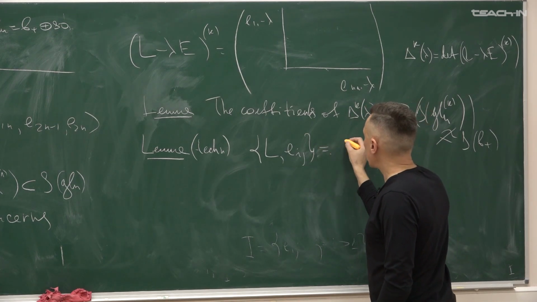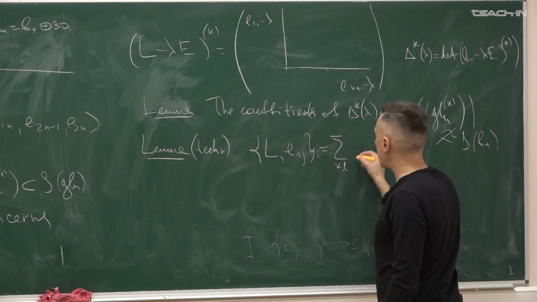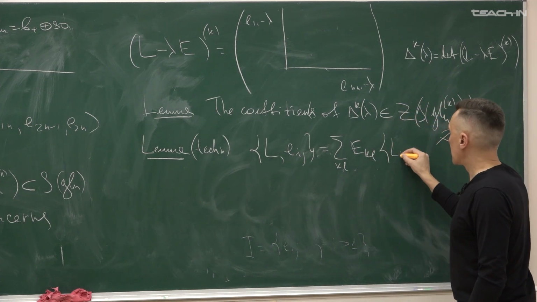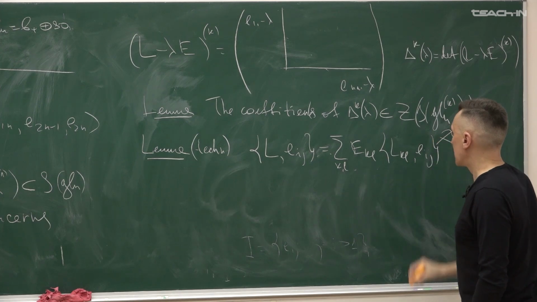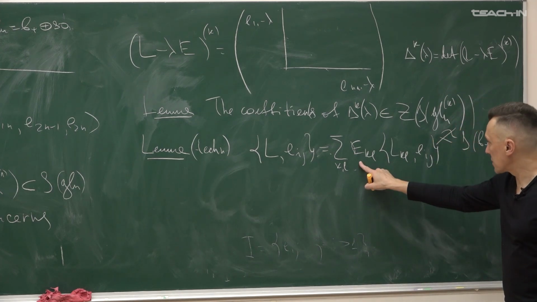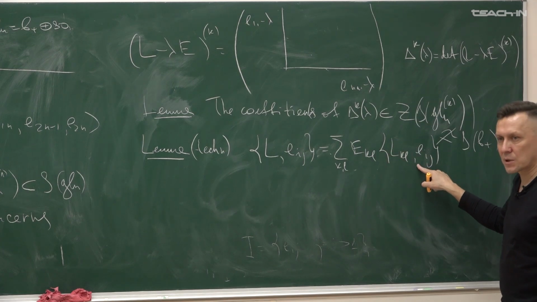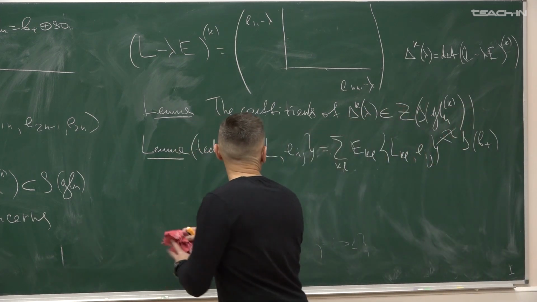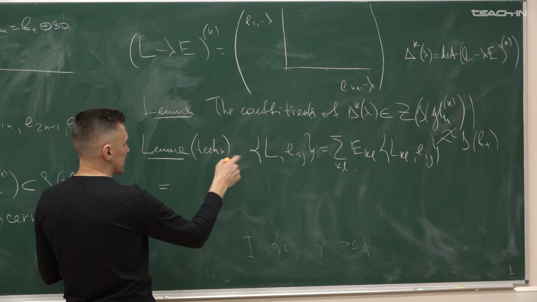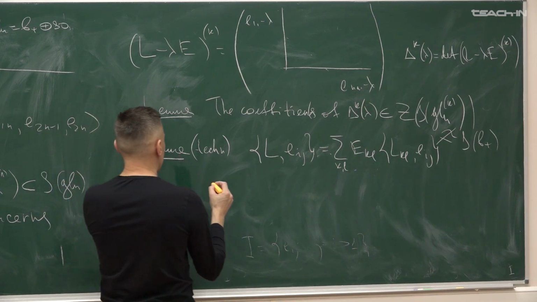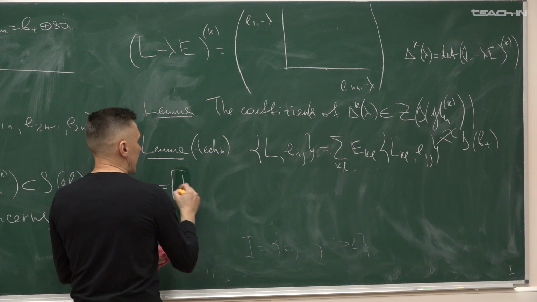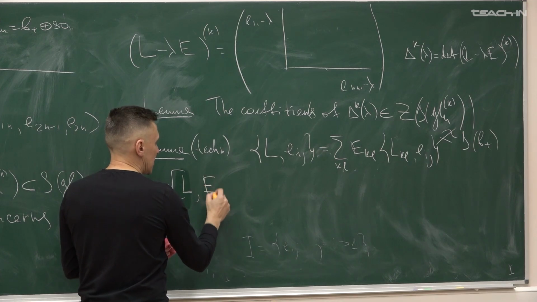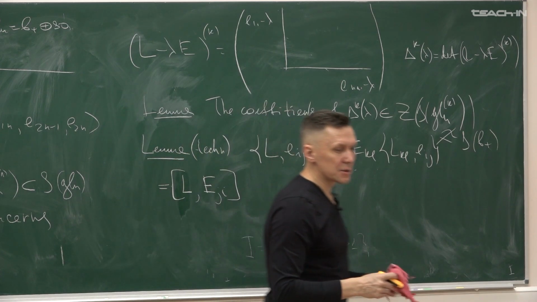How to write it? It is the sum over k and l of L_kl times the Poisson bracket with E_ij. Those matrix elements are such Poisson brackets. And so the lemma says the following: it is the same thing if we commute this matrix with the matrix, but with transposed indices.